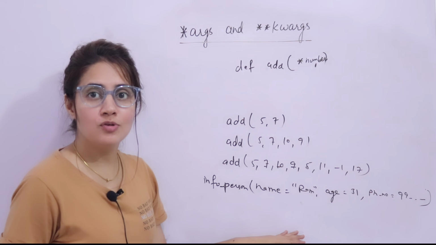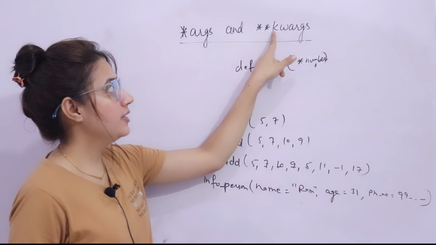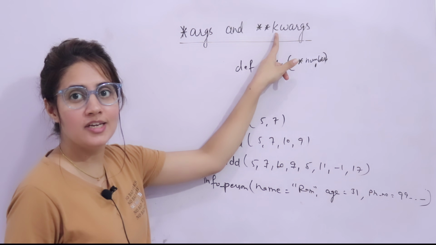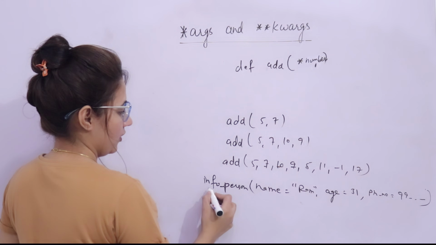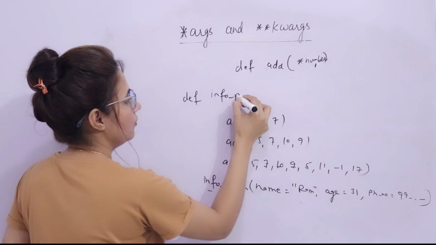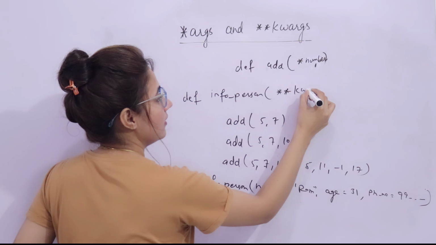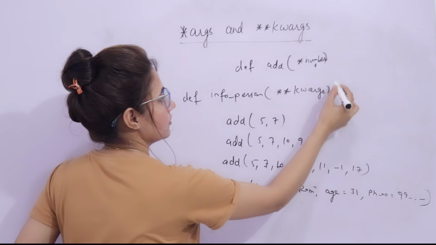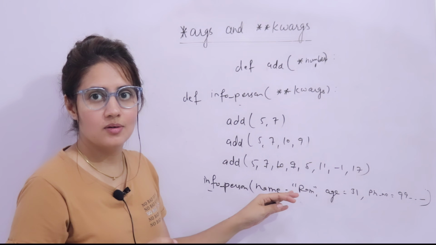So to accept this we need arbitrary keyworded arguments, as the name suggests: kw, keyword, arbitrary keyworded arguments. For this we will define a function something like def info_person with a double star kwargs, and here we can write whatever you want to do with this information.